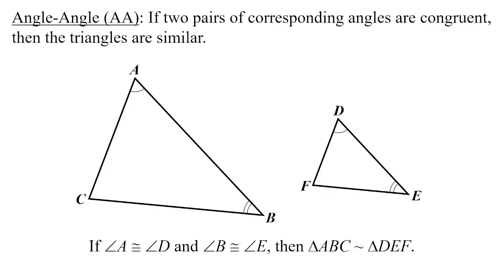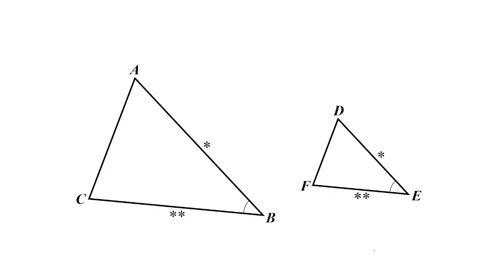But now, let's say that we have two pairs of corresponding sides being proportional, and that's what the stars mean, proportional. They're not congruent. And the pair of angles between the two sides are congruent. Can we conclude that the triangles are similar?